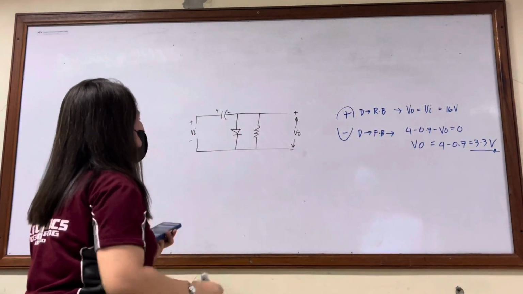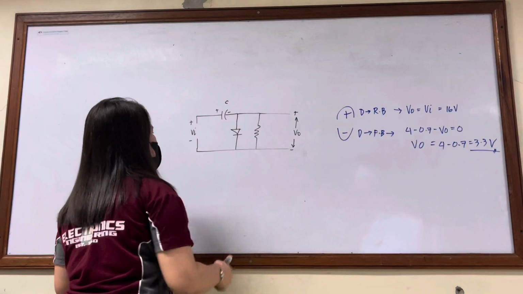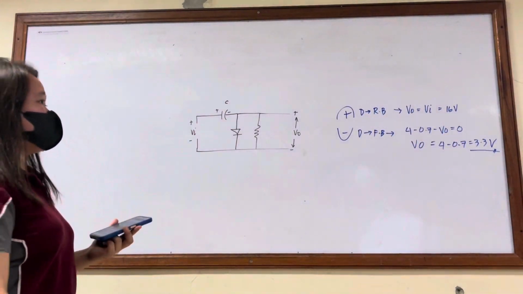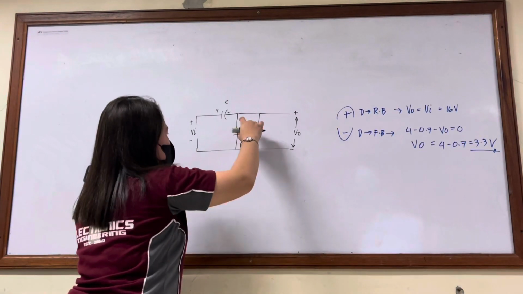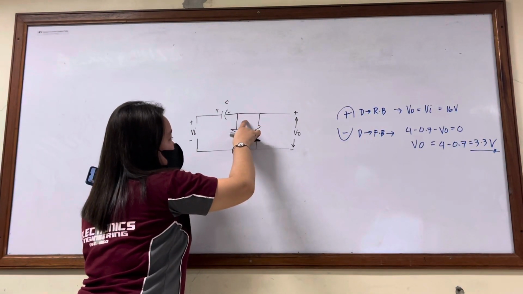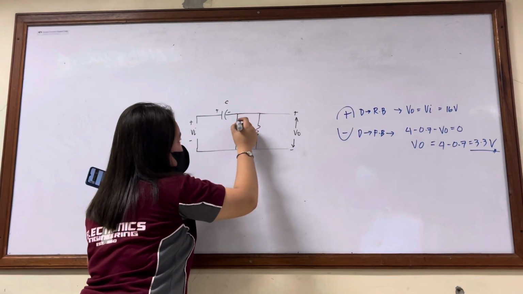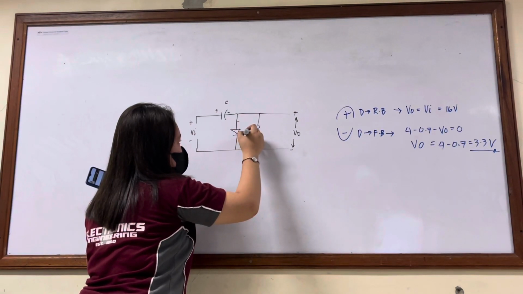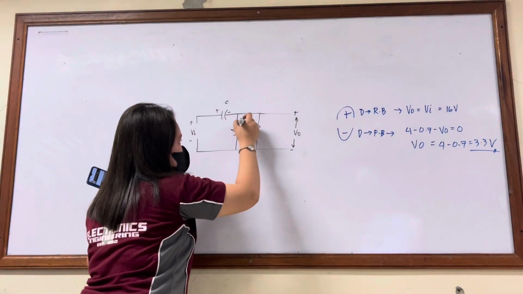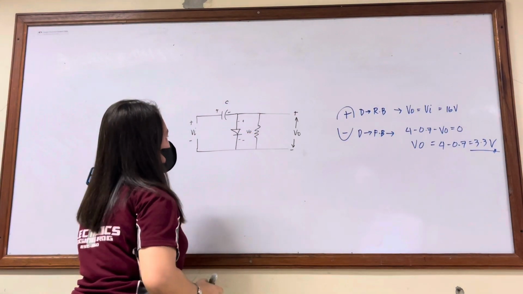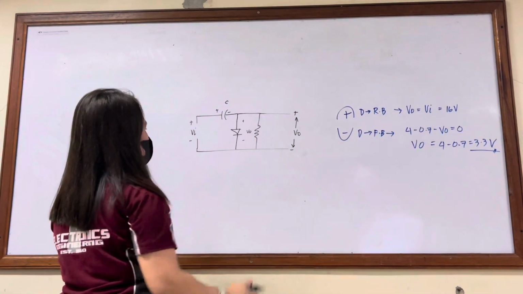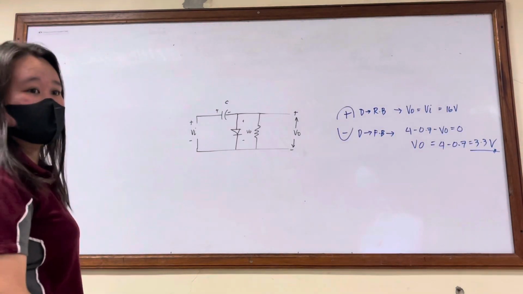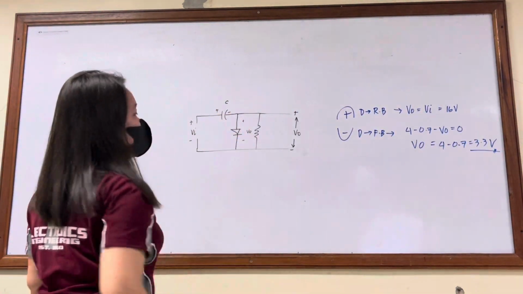Okay, so we have here a capacitor and a diode. So during a positive half cycle, class, the battery is here, the diode is in forward bias orientation.